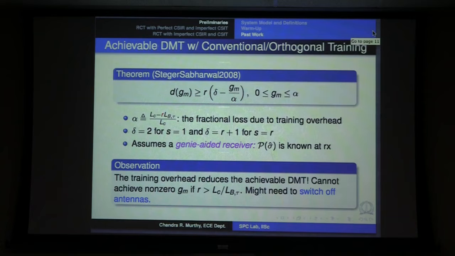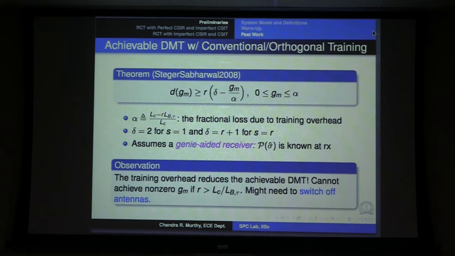This is what was derived in the Steger and Sabharwal paper in 2008, where they showed that if you do this, the achievable diversity multiplexing gain trade-off is this expression here, which is R times delta minus GM over alpha. So R here is the number of receive antennas, and alpha here is basically the fractional loss due to training overhead. So L_C is your coherence time.